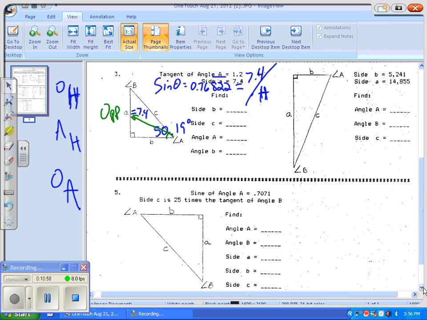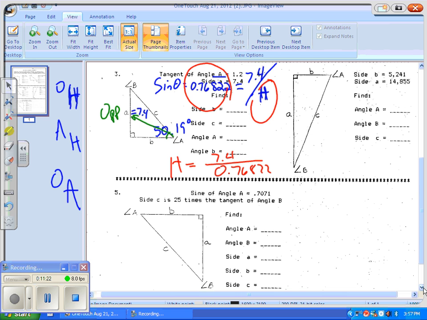Well, we know that we can exchange these two things, right? So that we wind up with h is equal to 7.4 divided by 0.76822, on and on and on. And I have that in my calculator right now, right?